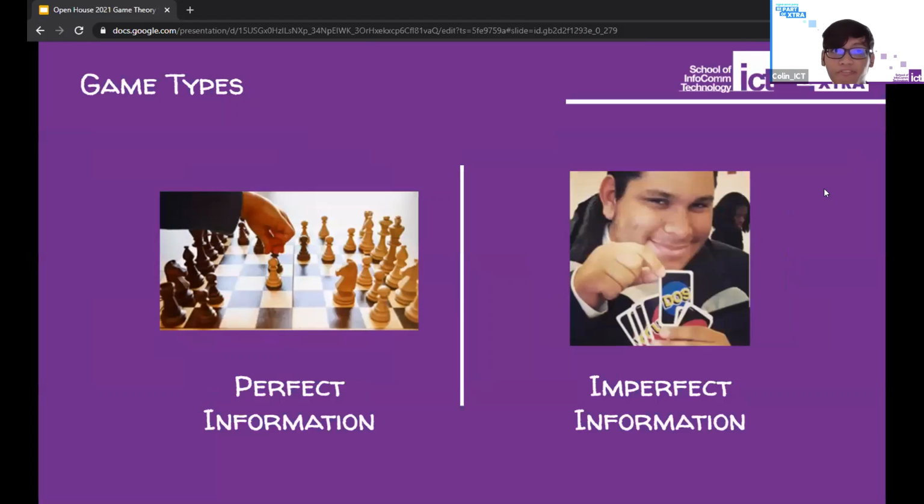Next, we have perfect information. Perfect information is where everyone knows what is happening within the game, just like chess, where players see the opponent's position on the chessboard. Whereas imperfect information, similar to poker as well as Uno, as suggested in the picture, means we do not know what the other player's hand has.